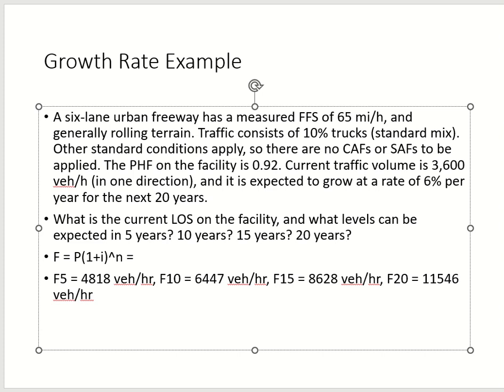There's another method. Just for the sake of practice, we will do it by the other method. But if somebody calculated level of service for the current year, 5 years and 10 years using yesterday's method, no problem. It's not wrong. We are just looking at another method.